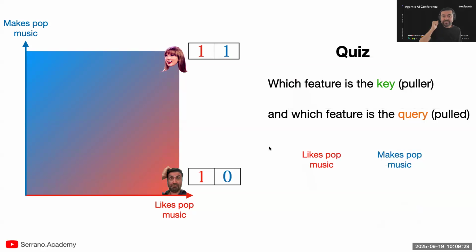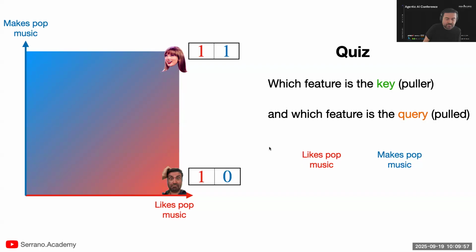Well, we have that one of these features is the key, the one that pulls into conversations, and the other one is the query, the one that gets pulled. Which one do you think is the key? Likes pop music or makes pop music? And which one is the query? Help me out. If I like pop music, do I get pulled into conversations or do I pull other people into conversations?